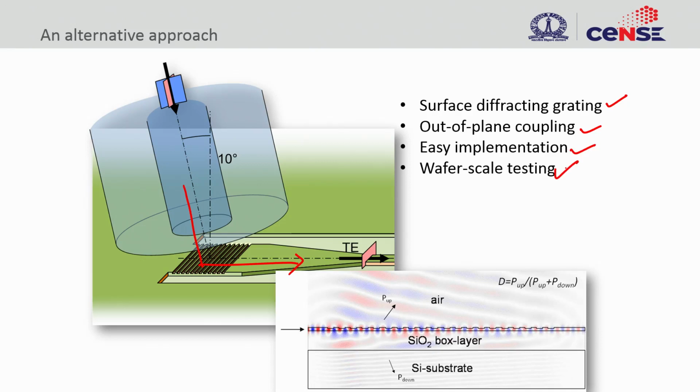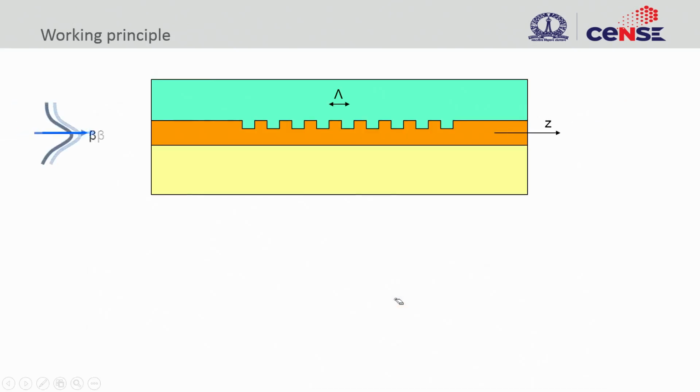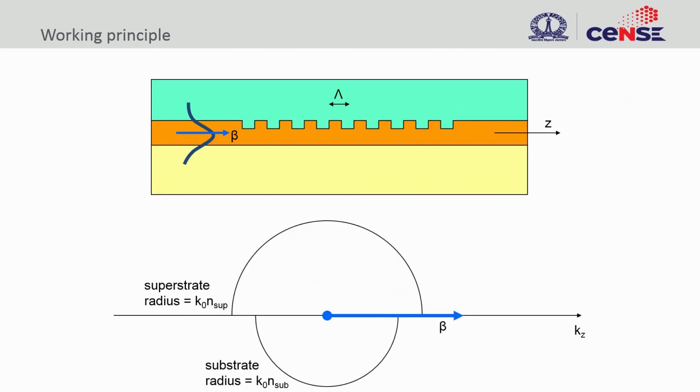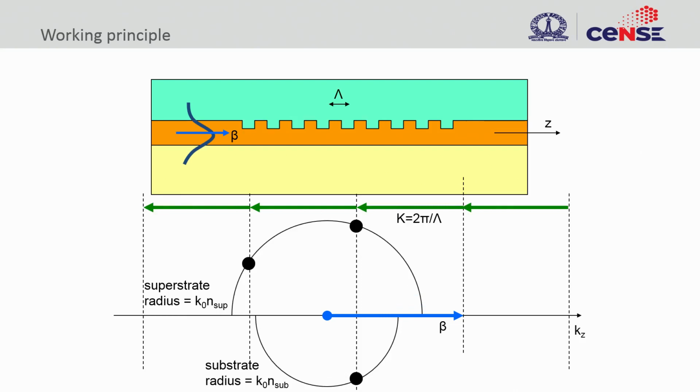You can do wafer scale testing. So, what you see here is just a simulation of how light would get out of such a propagating wave through this grating structure. So, this is the working principle of this particular grating. You have an incoming wave beta, and then the light is getting scattered in its different orders here, and based on the grating period, you can get the necessary grating diffractions.